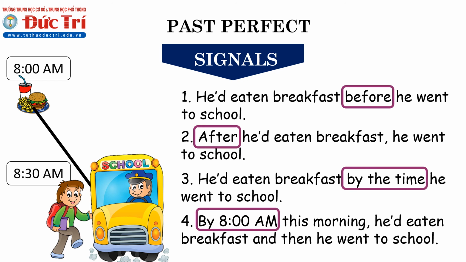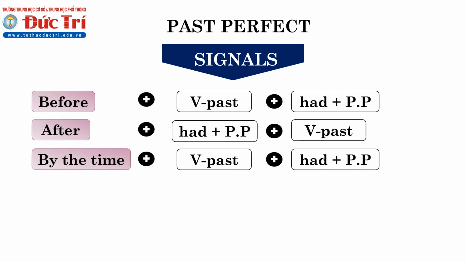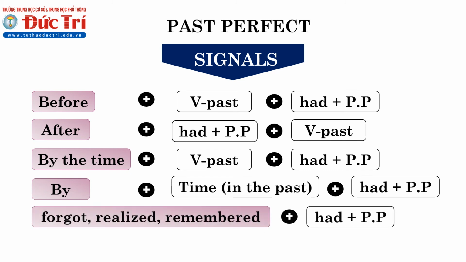These are the signals to use the past perfect: before, after, by the time, by. We also have forgot, realize, and remember.